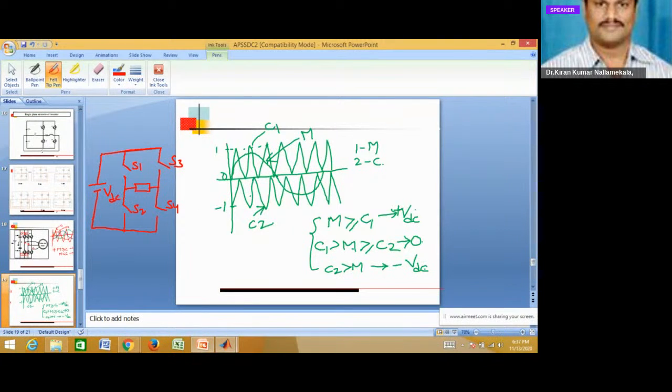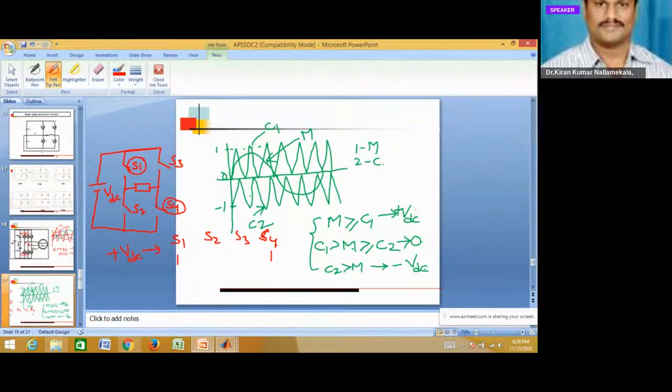Yesterday we analyzed this converter: if you turn on S1 and S4, you get plus VDC. So for plus VDC, write down the switches S1, S2, S3, S4. The devices in conduction are S1 and S4, so keep 1, 1.